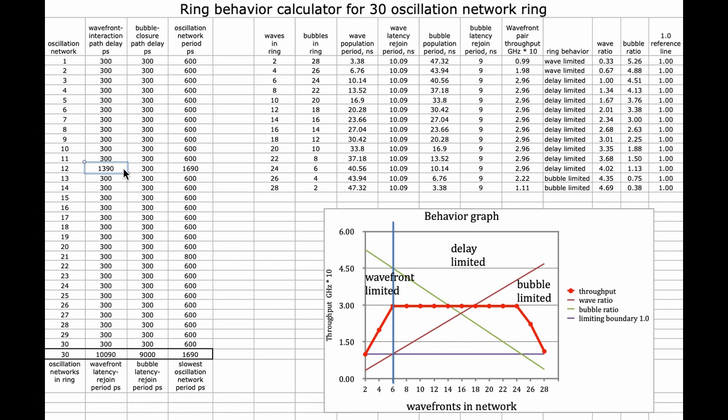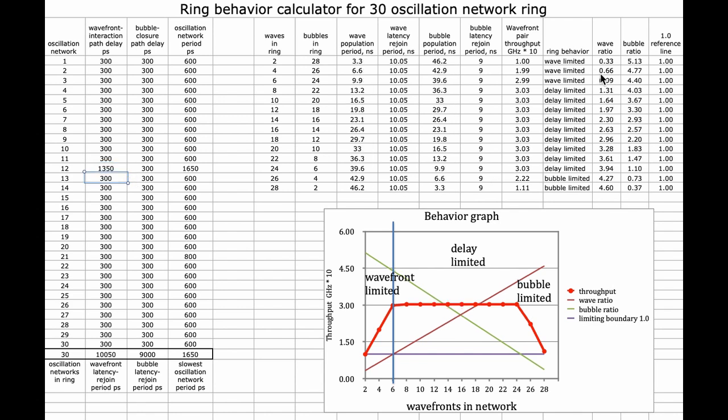If we do 1370, it's no longer perfectly balanced, but now it's wave limited. But this is still a 1.0, but these are not the same. We just didn't get to the decimal points here. So if we do 1350, we can see that this is now not 1.